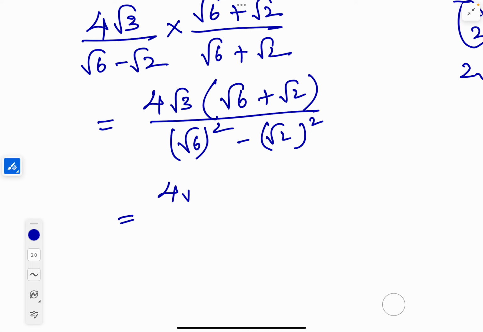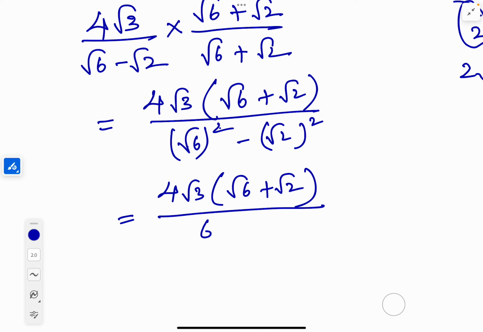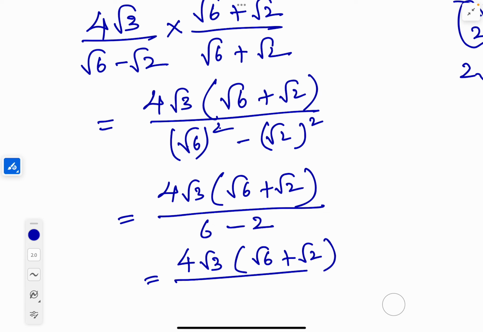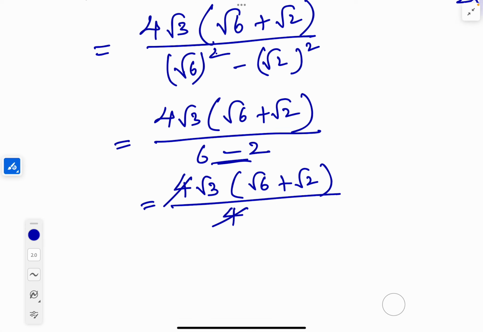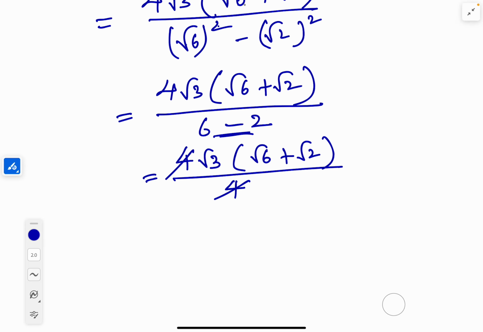Now 4 root 3 times root 6 plus root 2 by, what is root 6 square, children? It is 6 minus root 2 square is 2. So we will be getting 4 root 3 times root 6 plus root 2 by 6 minus 2 is 4. This 4 we can cancel. So we are left with root 3 times root 6 plus root 2.